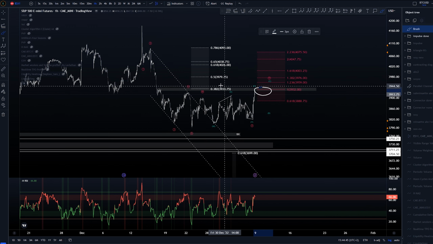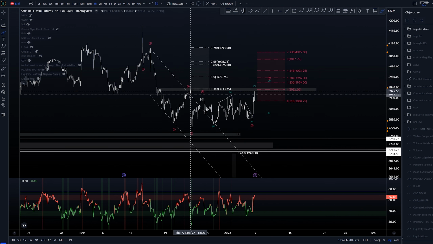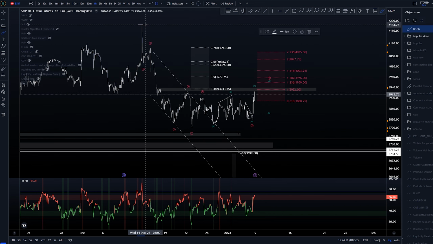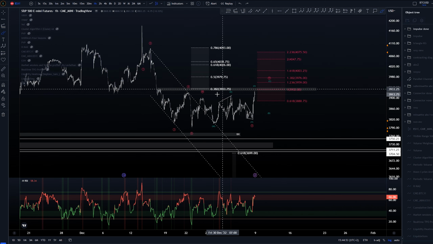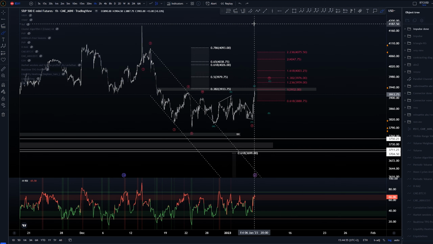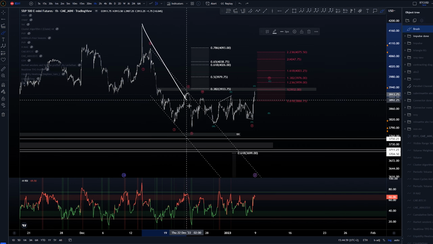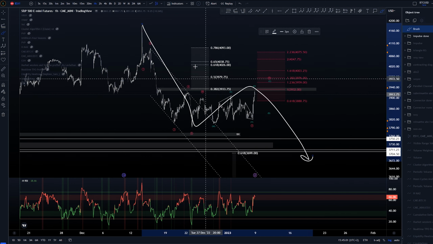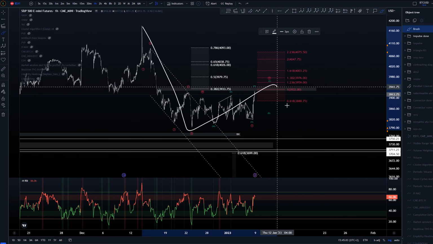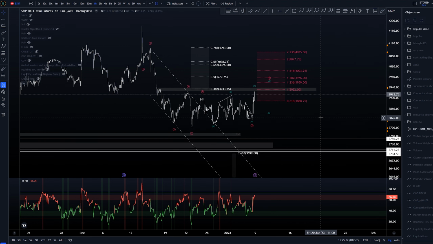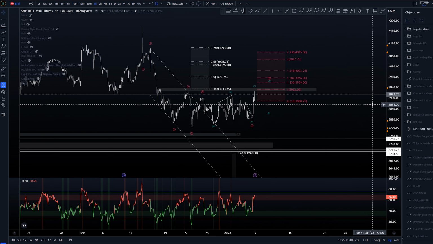As we are again on these smaller or very much shorter retracement levels, I'm not going to be putting my stop loss all the way up in here because the risk to reward is not that great. Again, we don't know if this is an A, B and C, or whether it's a wave 1, 2 and continuation to the third wave. So that is the reasoning behind these counts and the reasons why I'm in shorts already.